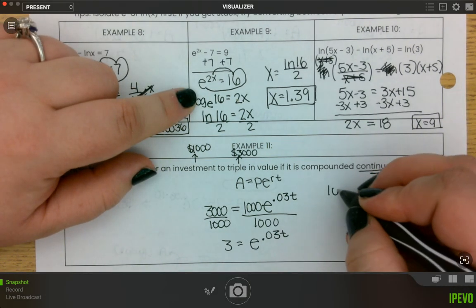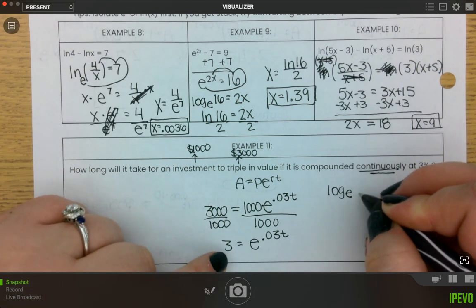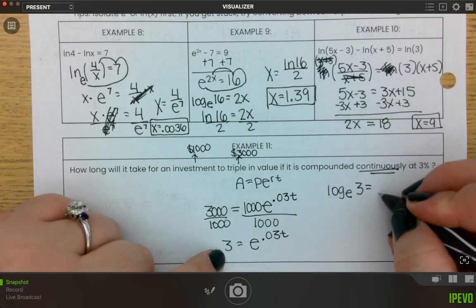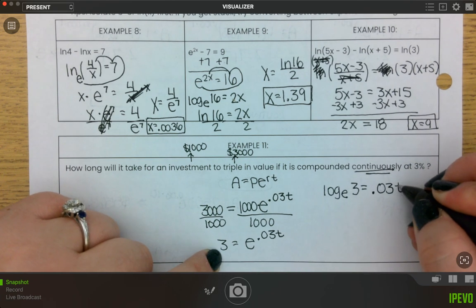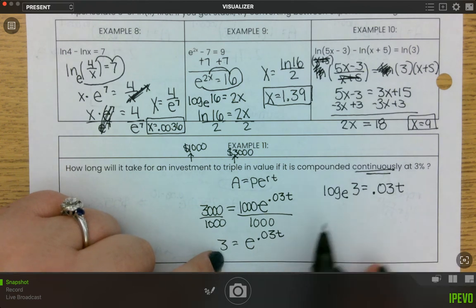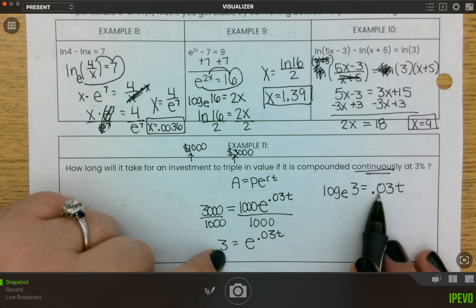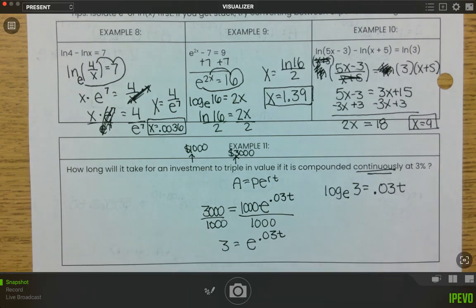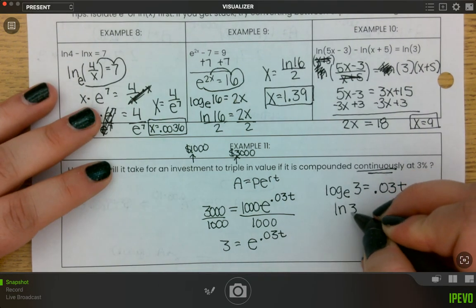So we're going to have log base e, because they always have the same base, of 3 equals 3/100 t. Remember that when you switch to log form, the power or the exponent becomes the answer on the other side. And then this is log base e, so we can switch that to the natural log.